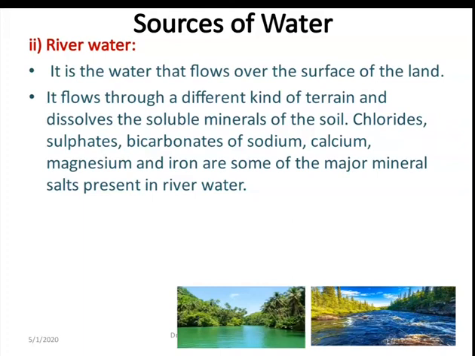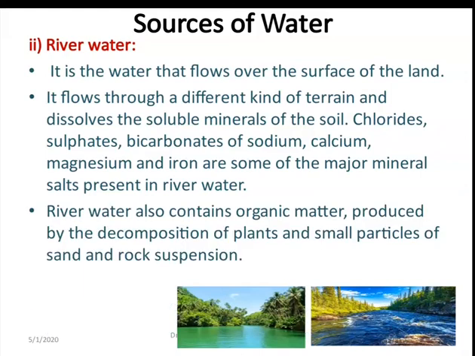Chlorides, sulfates, bicarbonates of sodium, calcium, magnesium, and iron are some of the major mineral salts present in river water. Not only these, river water also contains organic matter produced by the decomposition of plants and small particles of sand and rock in suspension.